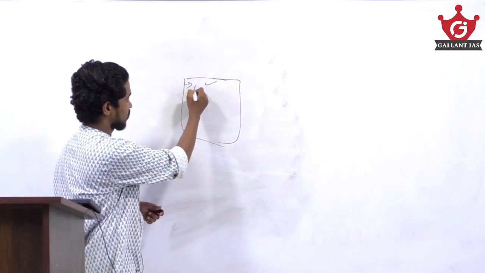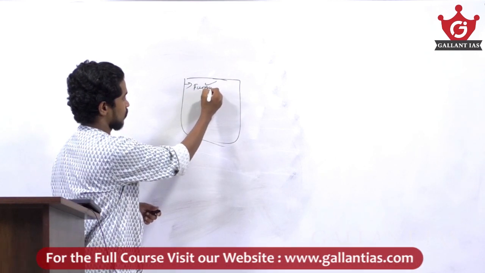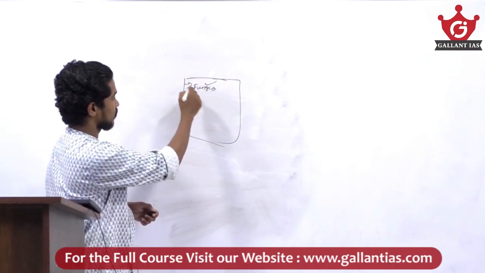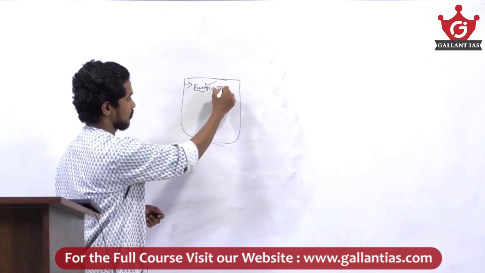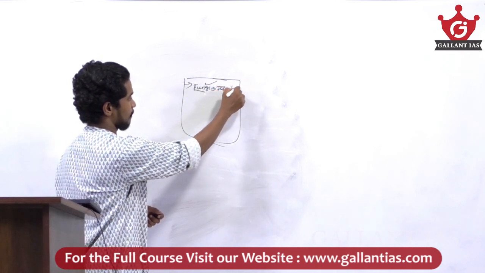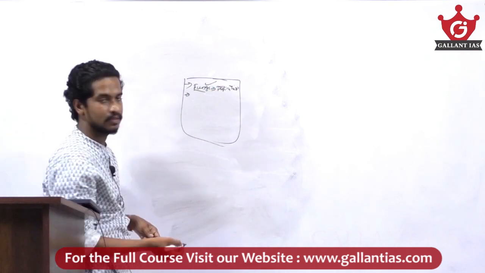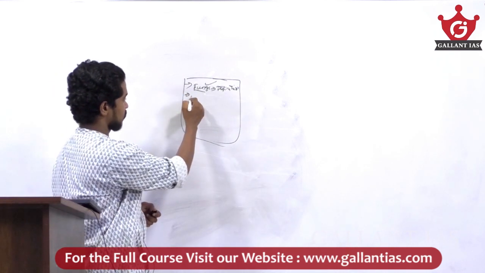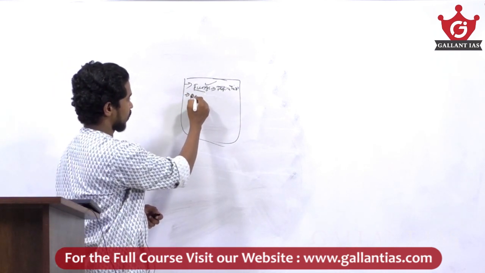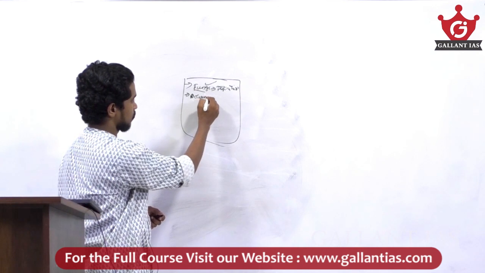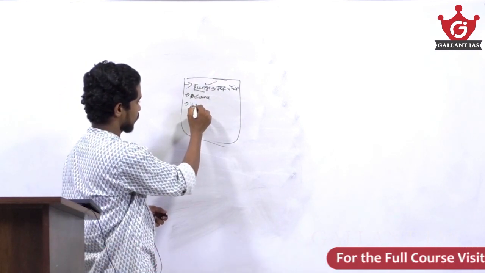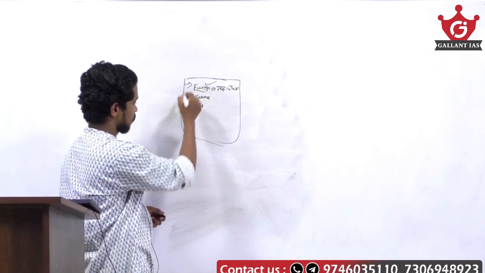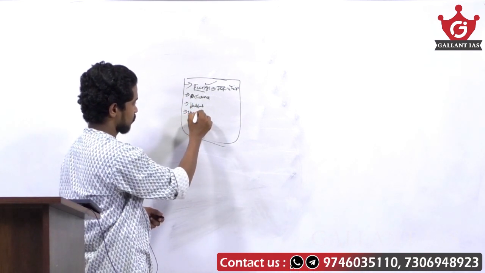Firstly, under fungi you study the definition. Write this definition, and after that the occurrence, the habitat, the vegetative structure.